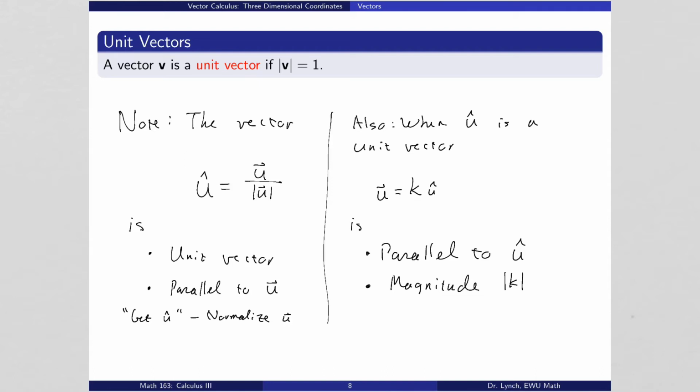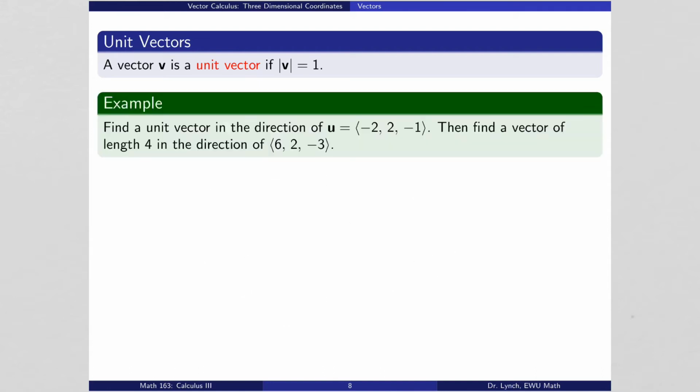Okay, so a couple of examples here with unit vectors. First, we'll go ahead and find a unit vector in the direction of, or parallel to, (-2, 2, -1), and then we'll find a vector of a specified length in a specified direction. Okay, so first, in order to find a unit vector in the direction of a given vector, this is again the process of normalizing a vector.